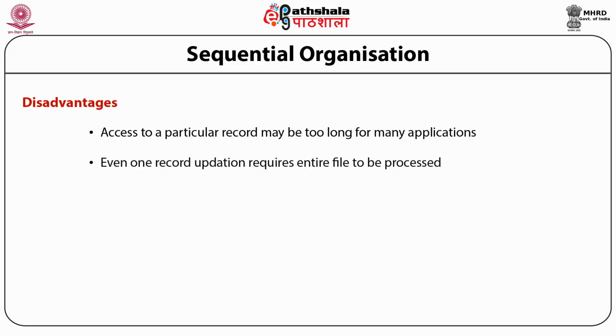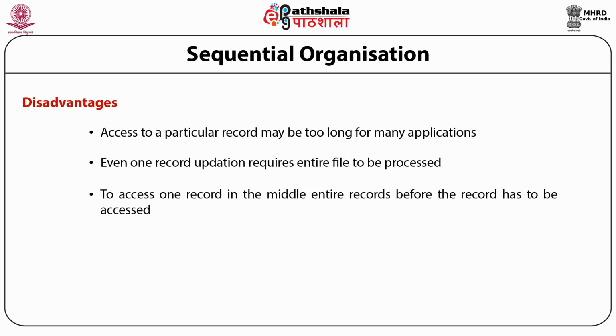One record update requires the entire file to be processed. For example, if you want to update a record in a sequential organization, you have to bypass all the previous records just to reach the particular record you desire to update. To access one record in the middle, all the records before it have to be accessed.